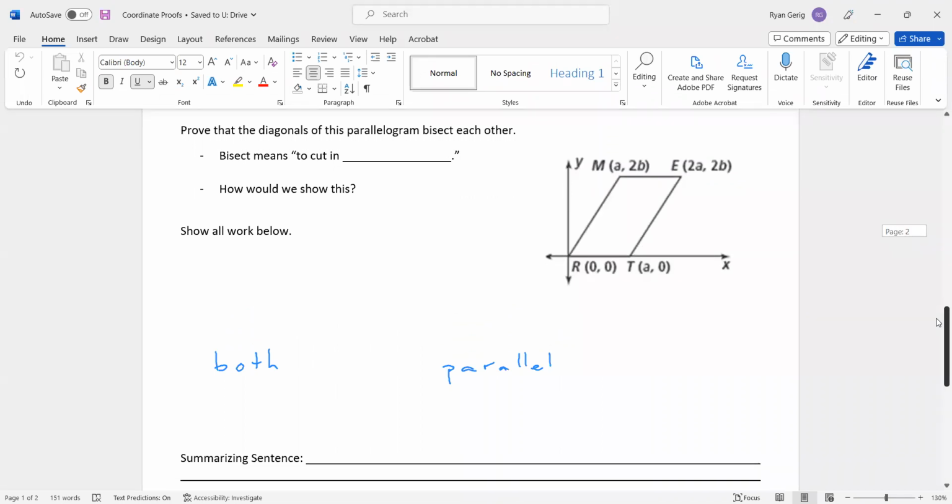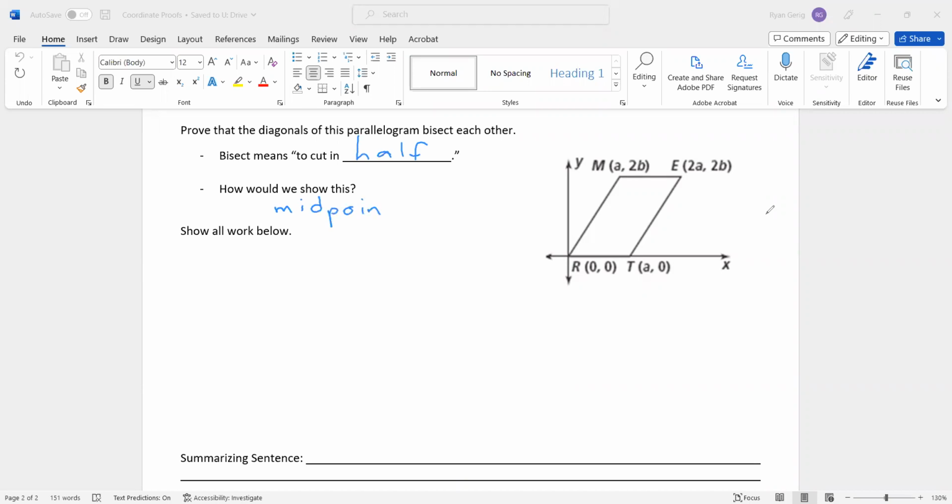All right, so next one. Prove that the diagonals of this parallelogram bisect each other. I know I said it on the front. How do I show something bisects? Well, first of all, think about what bisect means. Bisect means to cut in half. Half is your clue. Halfway through a diagonal is the midpoint. How do we show?